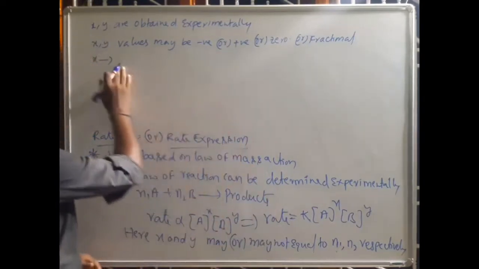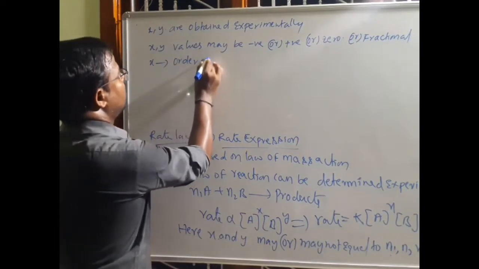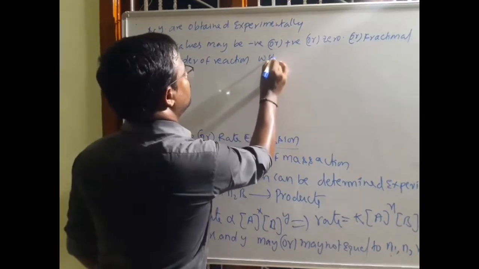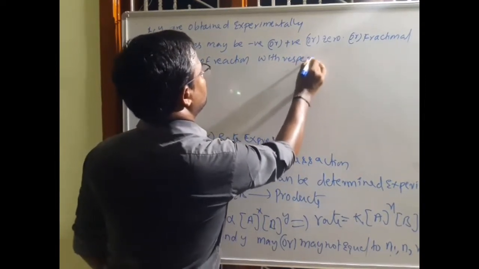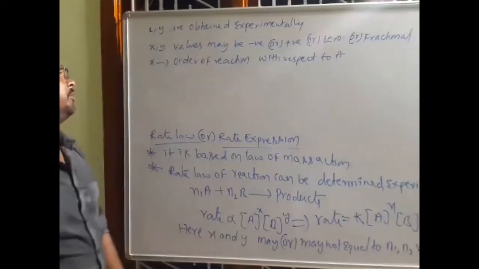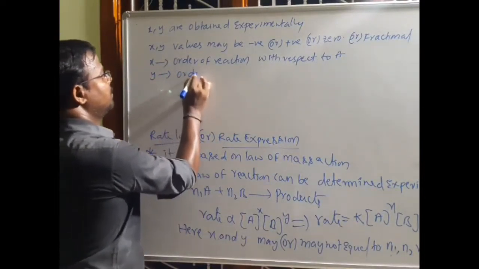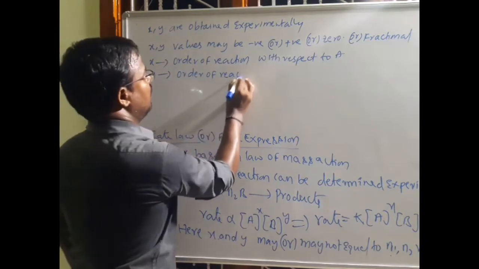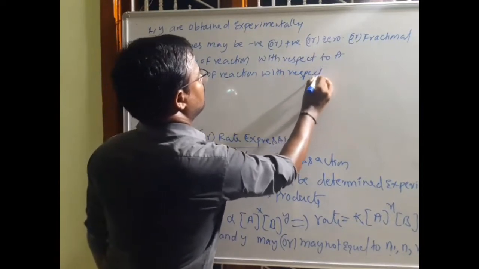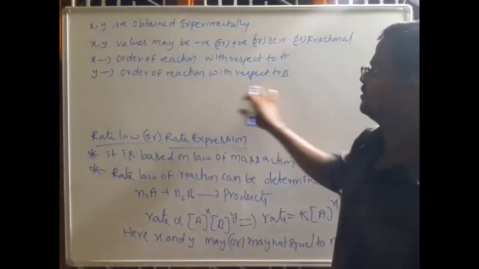Now this x is said to be the order of reaction with respect to A, and y is said to be the order of reaction with respect to B.